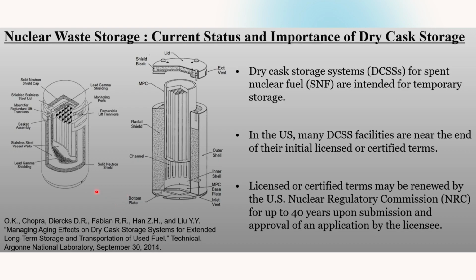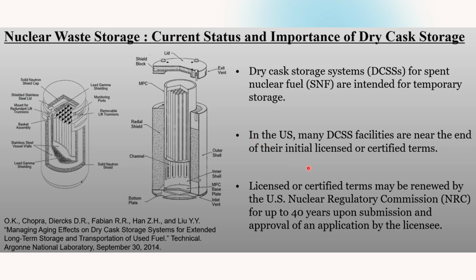This is the storage, nuclear storage, waste storage. The current status and importance of dry cask storage. Dry cask storage systems for spent nuclear fuel are intended for temporary storage.